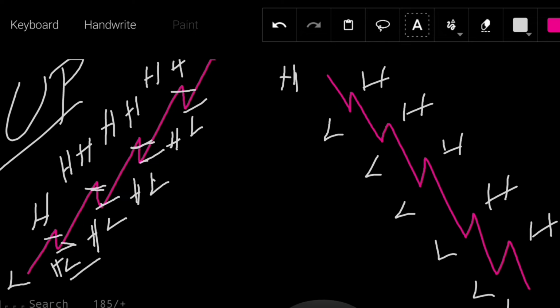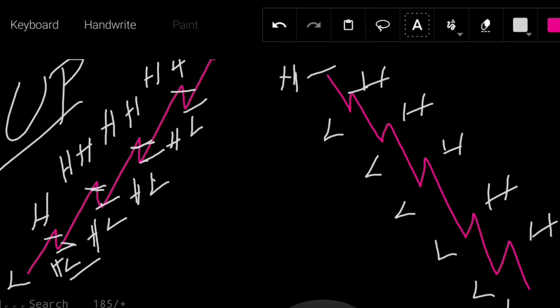Similarly for the downtrend, we have marked all these lows and highs. Here you can see these highs will always be lower than the previous one, and these lows will all be lower than the previous ones. So let's start writing these highs and lows. Let's see if this high is lower than this high.